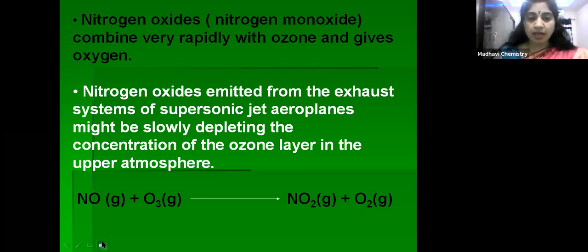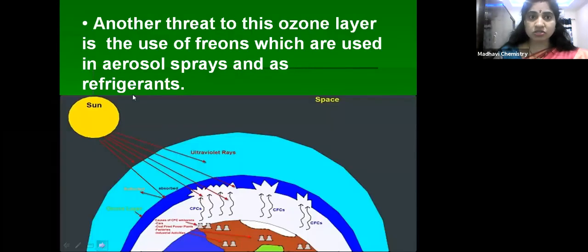One more very important reason, another threat to the ozone layer, is the use of freons, which are used in aerosol sprays and as refrigerants. Fluorochlorocarbons are used in ACs, refrigerators and aerosol sprays, and they enter the stratosphere and deplete the ozone layer.